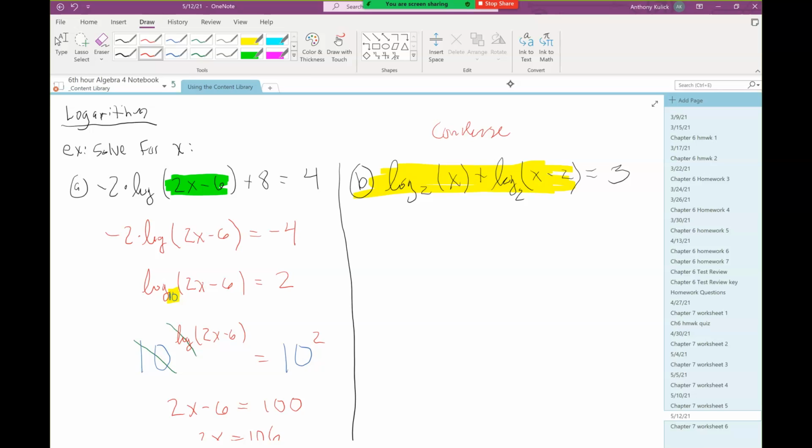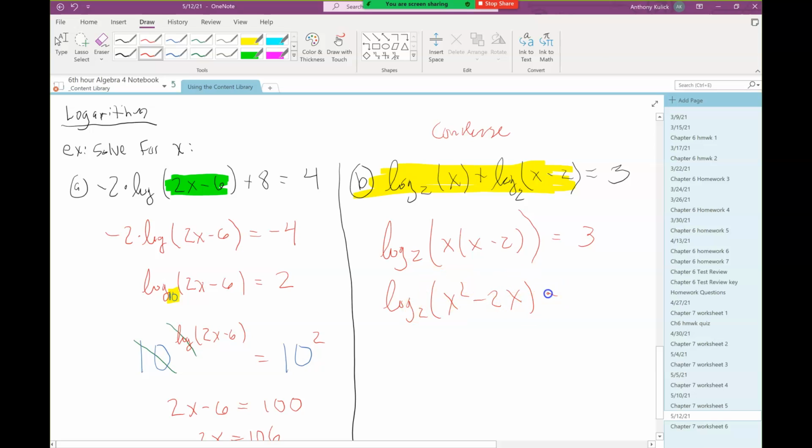All I have is one addition symbol. So I'm just going to use the product property to condense those. And at some point, I'm going to need to multiply inside of that logarithm. I might as well do it now, just to multiply that stuff out.